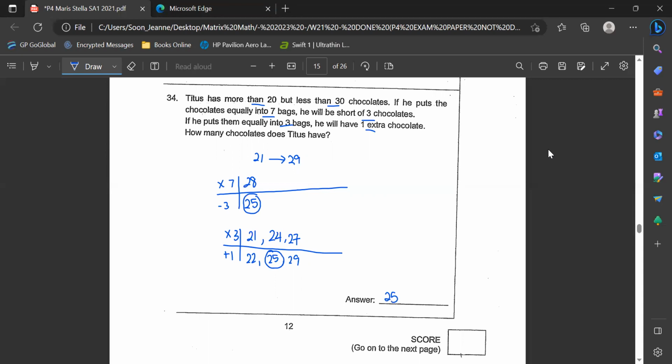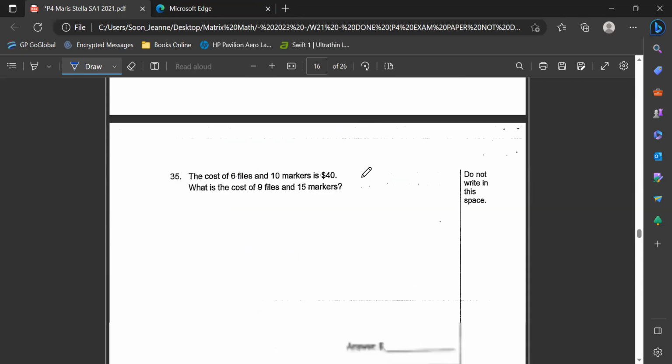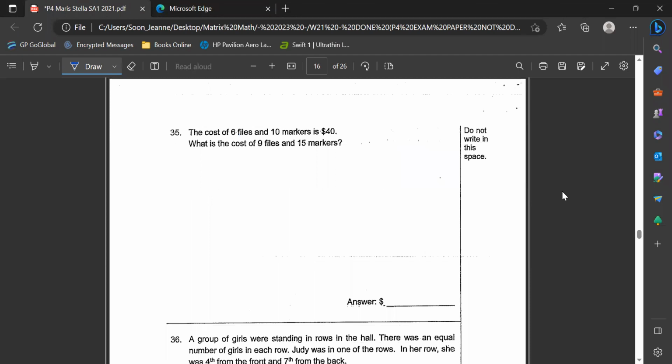Okay, so moving on to question number 35. The cost of 6 files and 10 markers is $40. What's the cost of 9 files and 15 markers? So we write down 6 files plus 10 markers is $40.